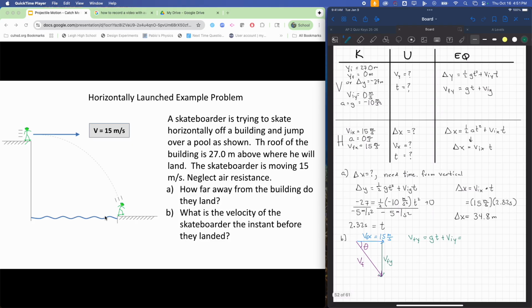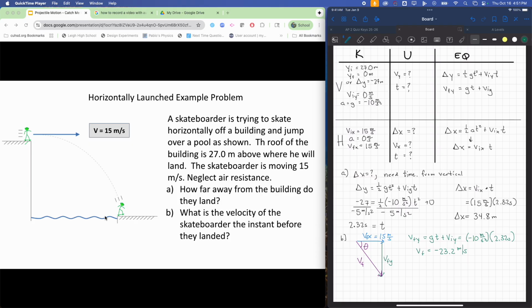But now we already know how long it's been falling. So g is negative 10 meters over second squared times 2.32 seconds. So then my final velocity in the y direction is negative 23.2 meters per second.